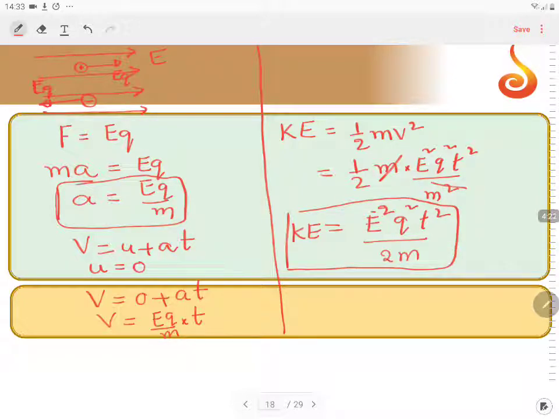So I want to elaborate this discussion on this concept. We can calculate kinetic energy after a time t, velocity after a time t, and the displacement after a time t. You see here, the positively charged particle will experience force and hence acceleration in the direction of electric field.